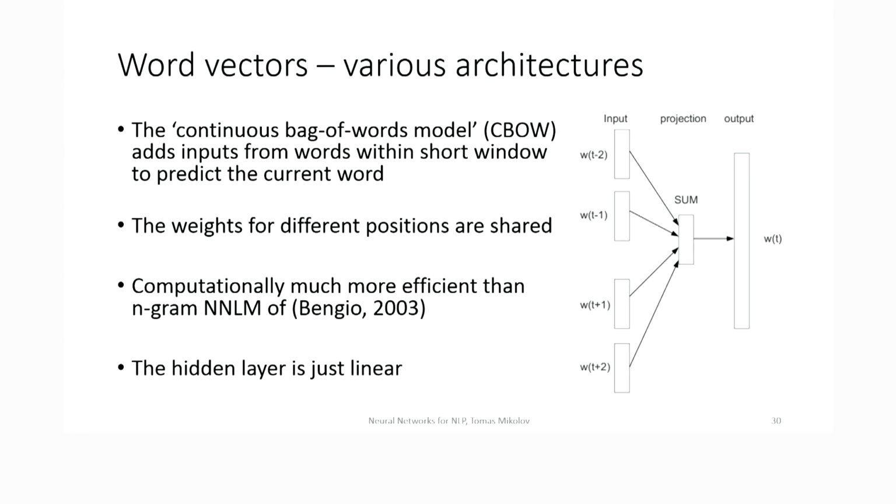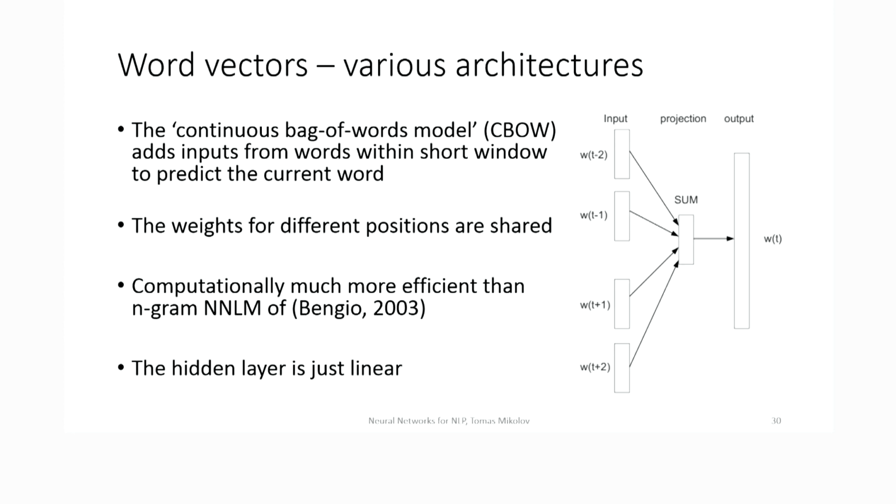And that's all. So we just add more of the context by actually having more words encoded at the input, both from the future and from the past when we are trying to predict the current word. And we are just summing their vector representations in the projection layer. There's no hidden layer, so we directly do a softmax at the output layer, which then is optimized.